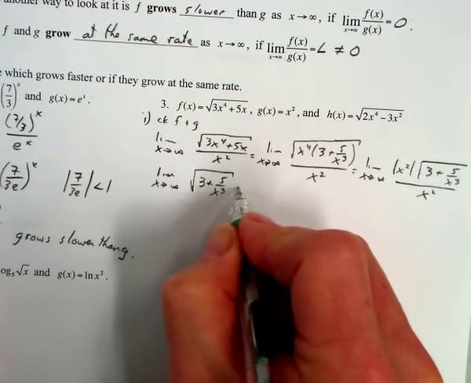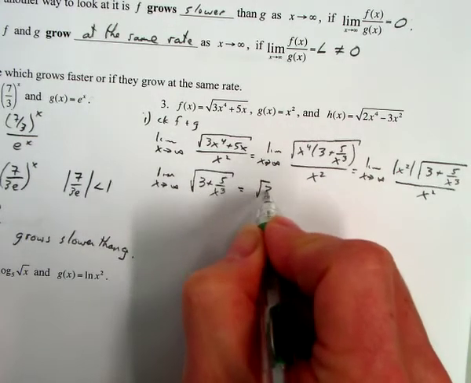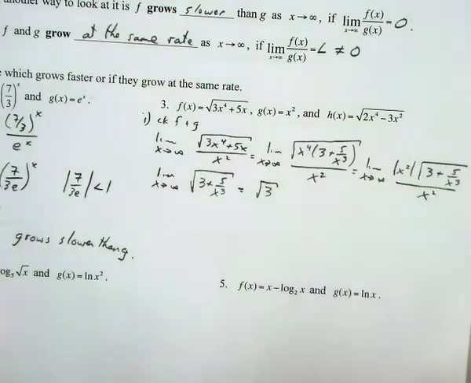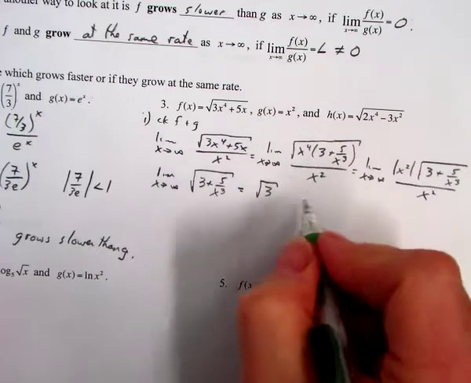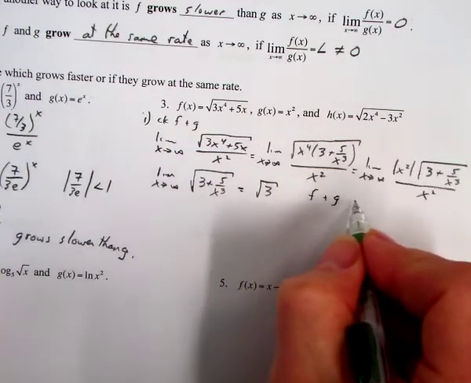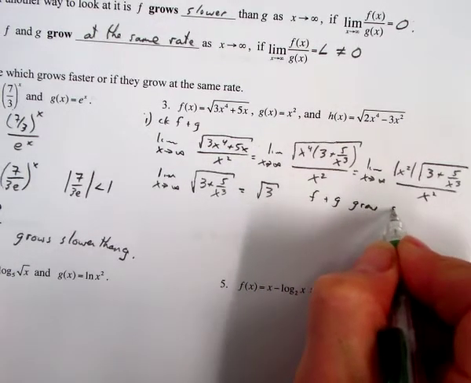Let me make sure everything's in. And so that's going to be just the square root of 3. So since it equals some number that's not 0, this says f and g grow at the same rate.